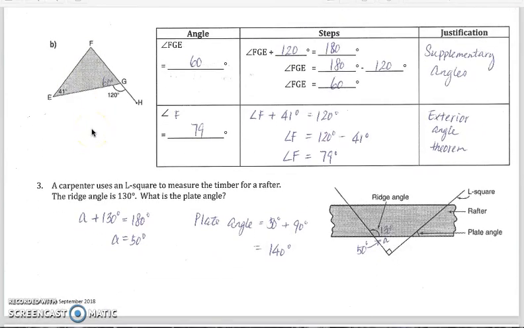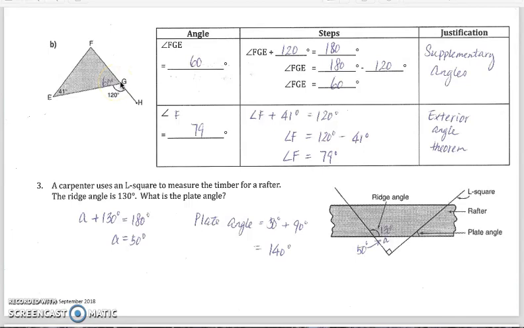Part B. We are looking for angle FGE, so right here, and angle F. Angle FGE is situated next to 120 degrees, making a straight line. So once again, we can use supplementary angles. So 180 take away 120, it is 60 degrees.